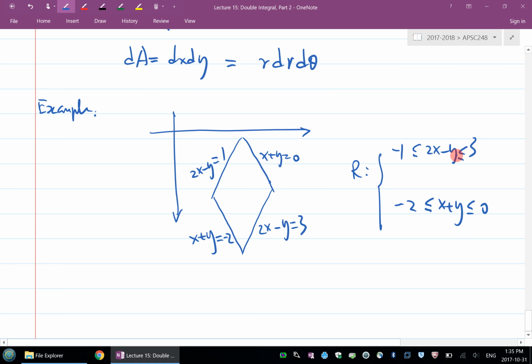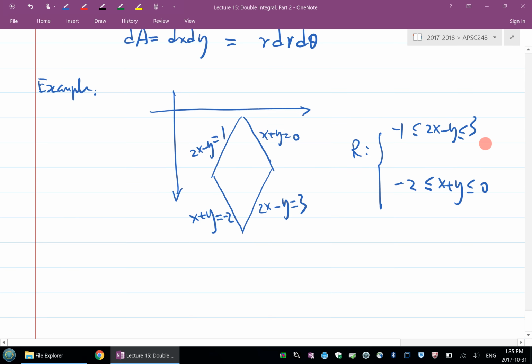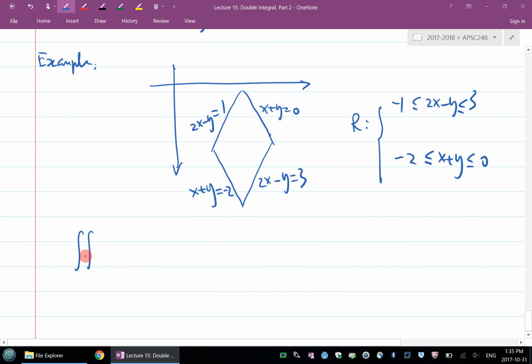There are 4 lines basically, one on the top, one below, and so on. That gives you this region R. Now we're trying to evaluate this double integral, where your function f of x, y is just 3x.